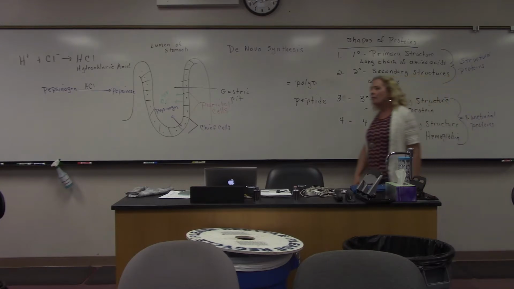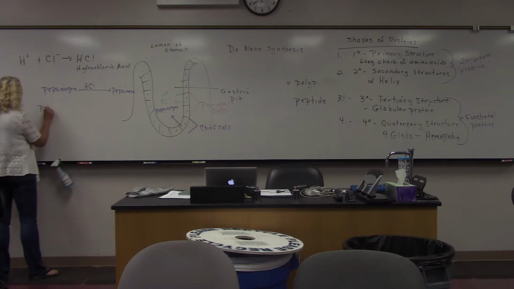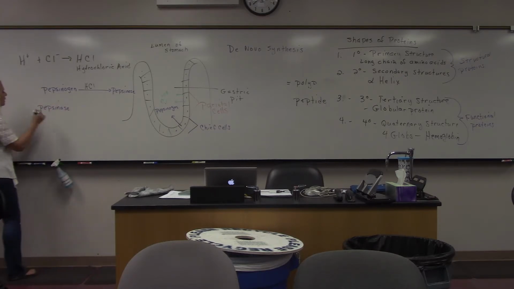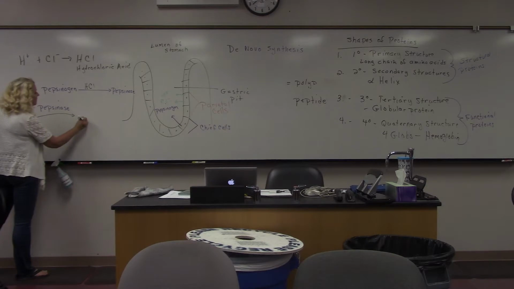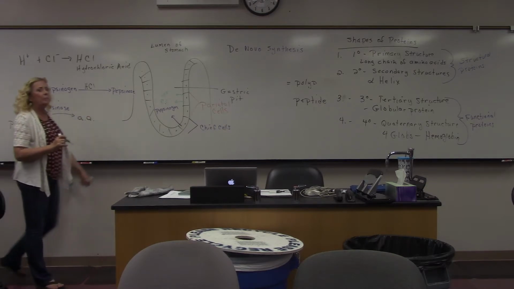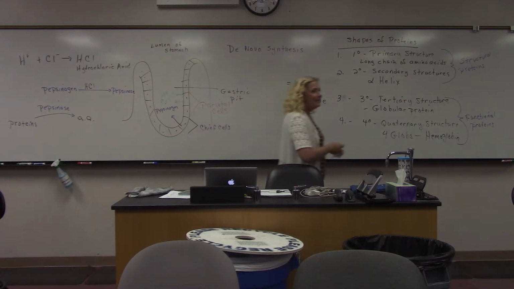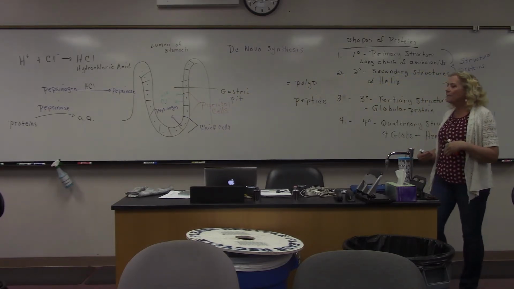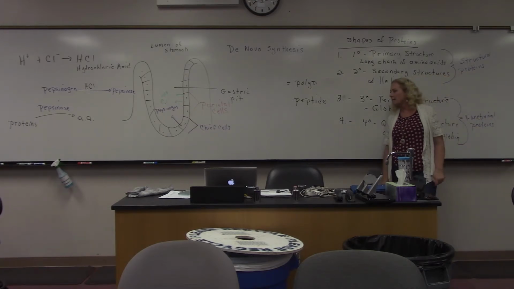The job of pepsinase, it's going to take proteins that come into our stomach from our food and break them down into their original individual amino acids, which are very easy to absorb through the wall of the stomach, but especially they're absorbed through the small intestine wall.